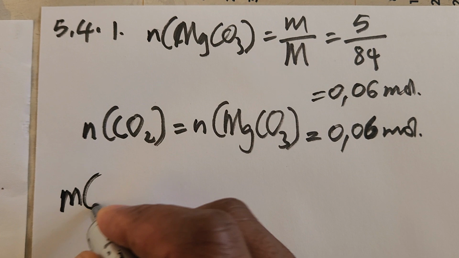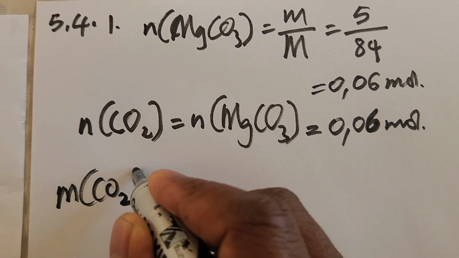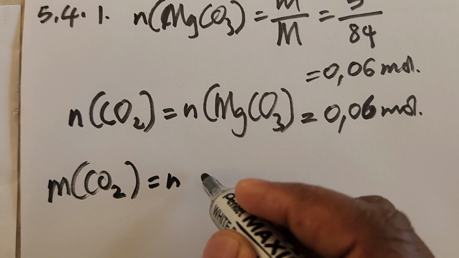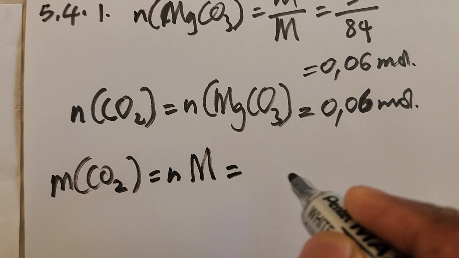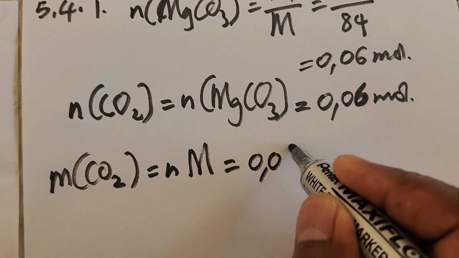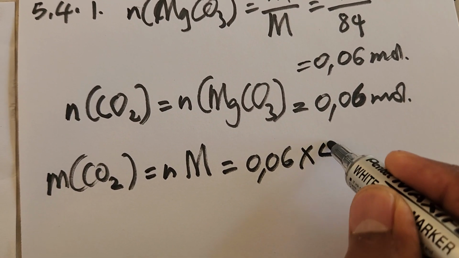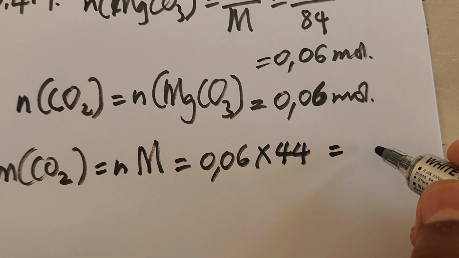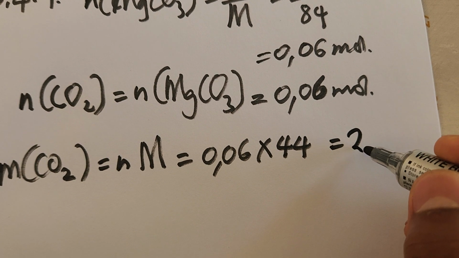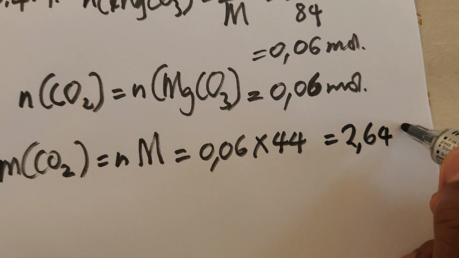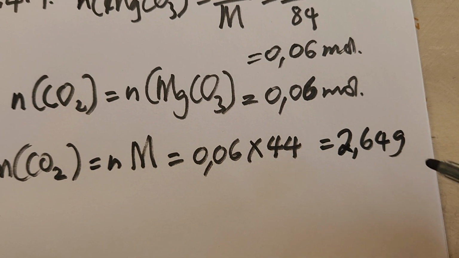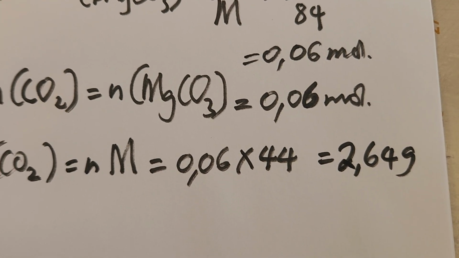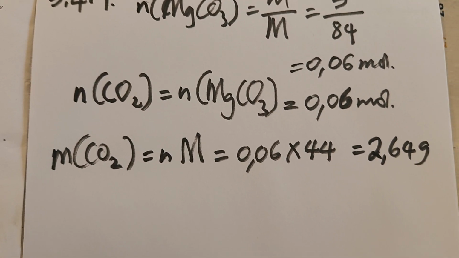Therefore the mass of carbon dioxide is the number of moles multiplied by the molar mass, which is 0.06 multiplied by 44. This gives us 2.64 grams, meaning that at completion the mass of carbon dioxide produced will be 2.64.